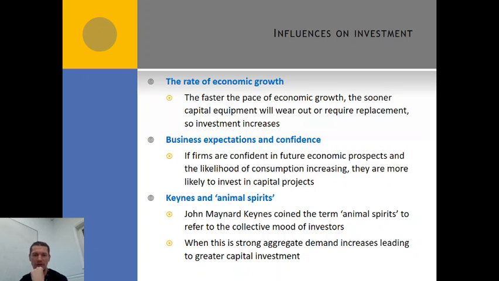The next one, just like we have consumer confidence for us, we've got business expectations and business confidence. So if firms are confident in future economic prospects and the likelihood of consumption increasing, they're going to increase their investment now, which goes to show, looking at those videos this morning, at the moment, firms are not going to be investing. Simply speaking, we're not consuming.